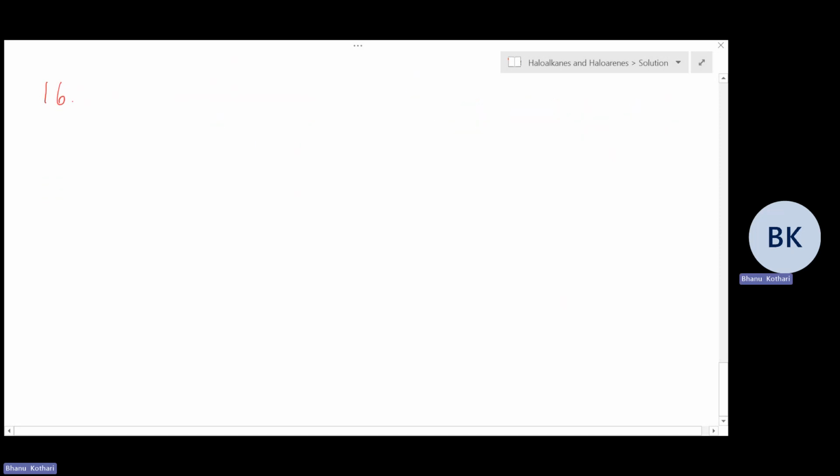And the next question, we've been asked what is C. So there's 2-bromopropane upon alcoholic KOH. It will undergo elimination. So A will be propene. An anti-Markovnikov addition of HBr takes place. We get 1-bromopropane.